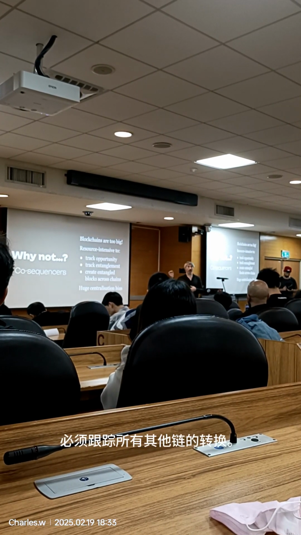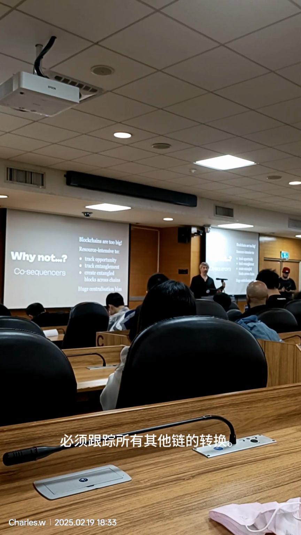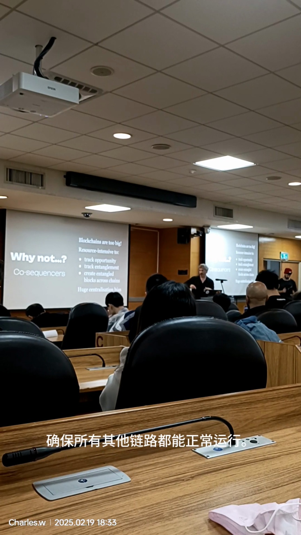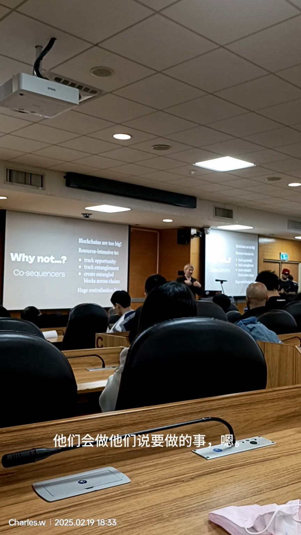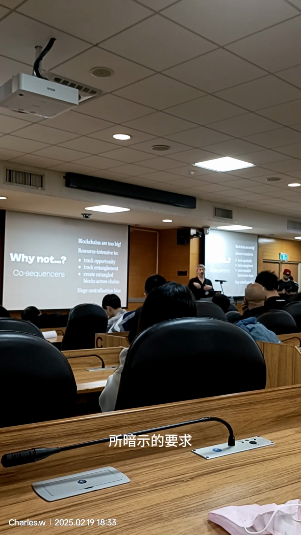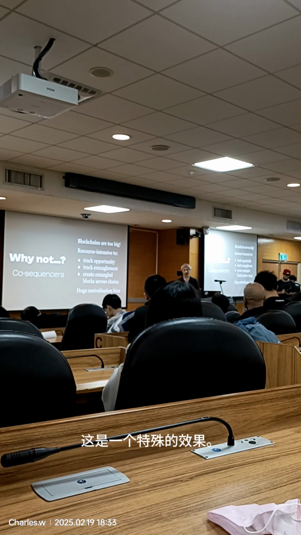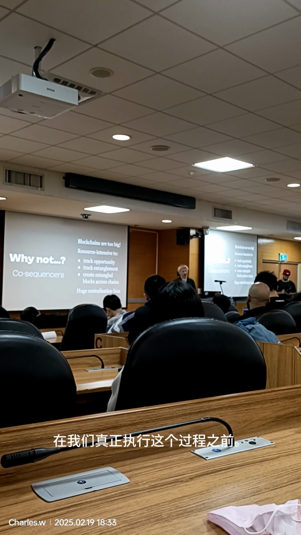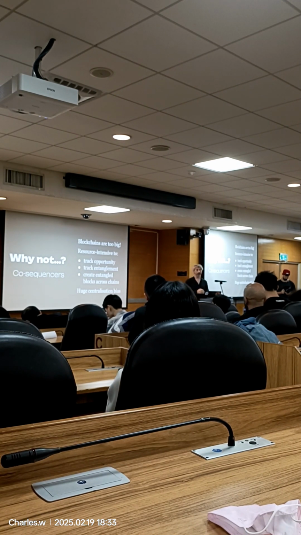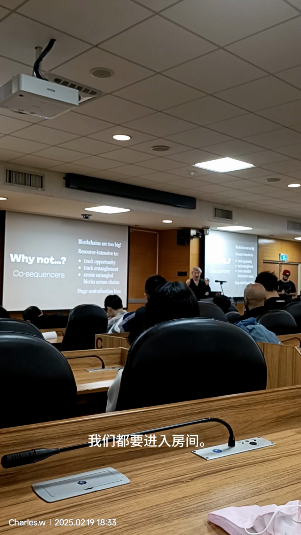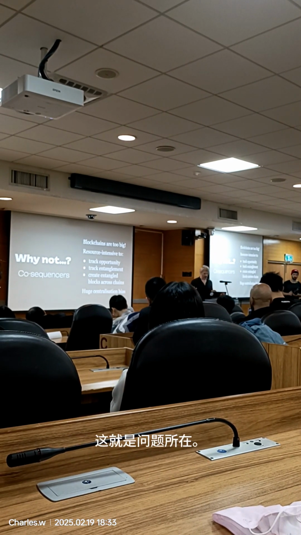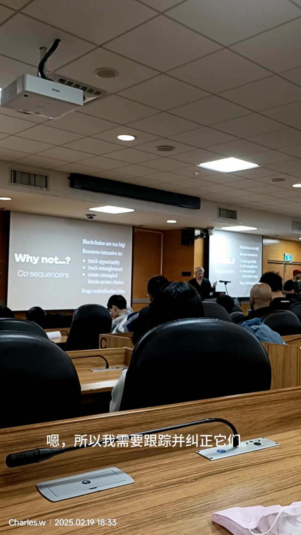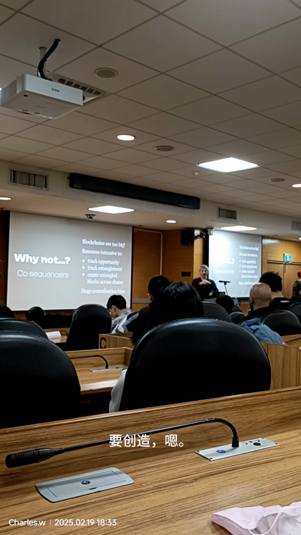Every chain has to track every other chain's transition and be certain that all of the other chains are going to do what they say they're going to do, what the implication or the requirements of this particular effect should be, before we actually go ahead and do the effect ourselves. We all have to either all go into the room or no one go into the room, but we can't possibly have people that look like they're going into the room but actually stay outside. That's the problem. So we have to track entanglement, we have to create entangled blocks.